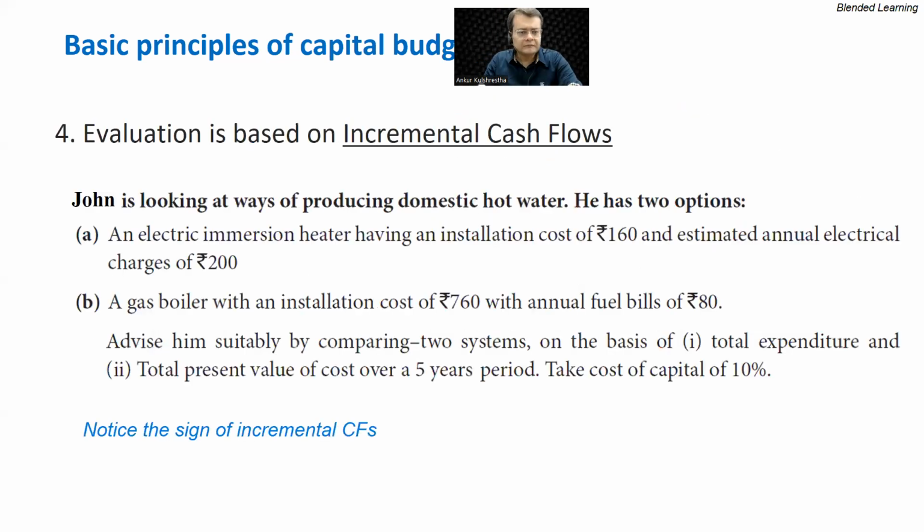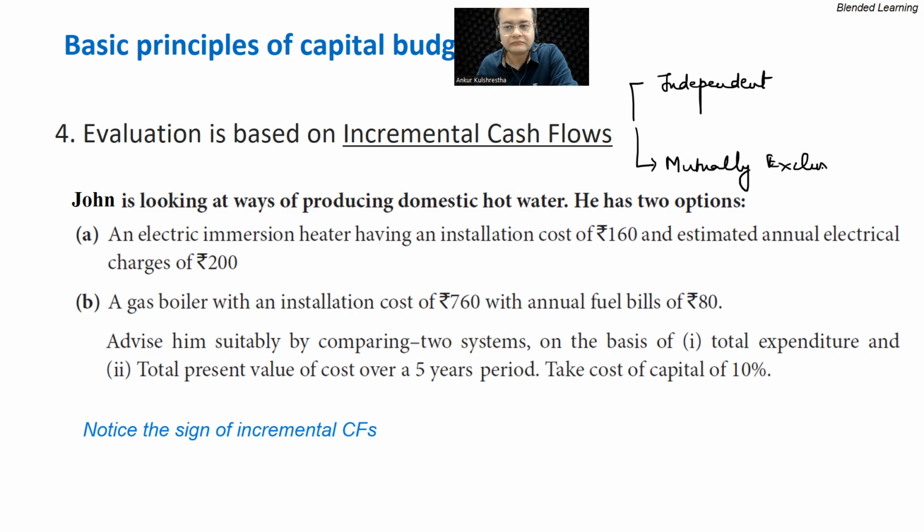All right. Fourth point, always take decisions on the basis of cash flows. Nothing new, no, but on the basis of incremental cash flows. And at this point, this is something that we'll have to debate further in our live class. But remember, there were two types of projects, called independent projects, and mutually exclusive projects.